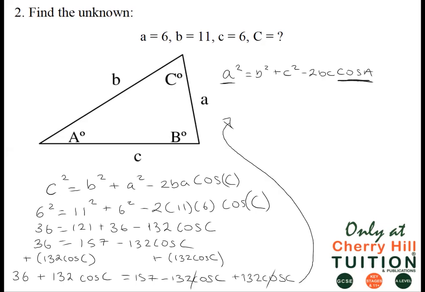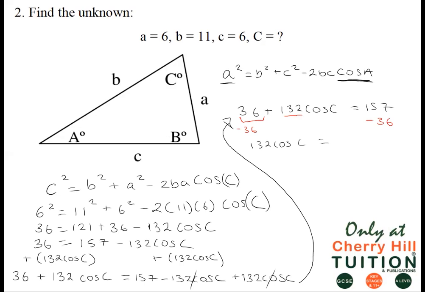We are left with 36 plus 132 cos of C is equal to 157. So the two things stopping the C from being on its own is this plus 36 and also this multiplied by 132. So step by step, let's eliminate these two. Let's start by getting rid of the plus 36. We can do this by taking 36 away on both sides, leaving us with 132 cos of C on this side, because the plus 36 and minus 36 both cancel out.